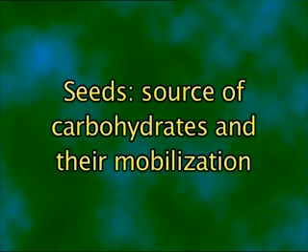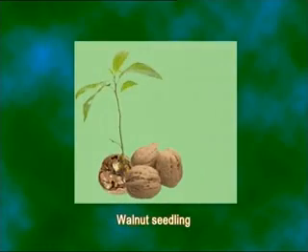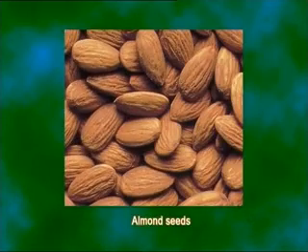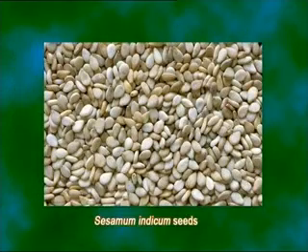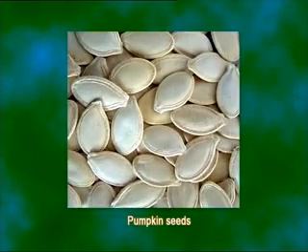Seeds as a source of carbohydrates and their mobilization. Carbohydrates are the main storage reserves of most seeds. Beans, lentils, peas, whole grains, brown rice, buckwheat, millet, quinoa, yeast-free sprouted grain breads, nuts and seeds like walnuts, almonds, sunflower seeds, sesame seeds, and pumpkin seeds are good sources of carbohydrates.